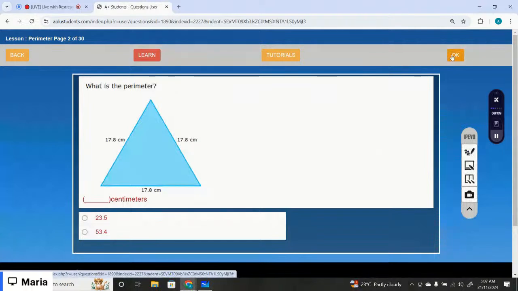So the correct option is 53.4. Option number 2 is the correct option.